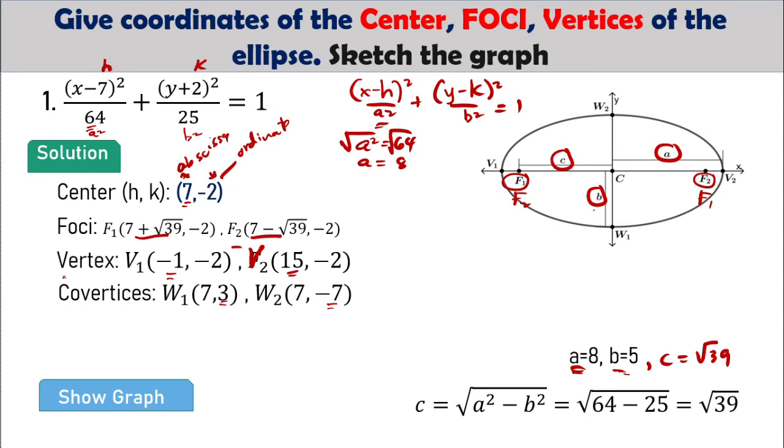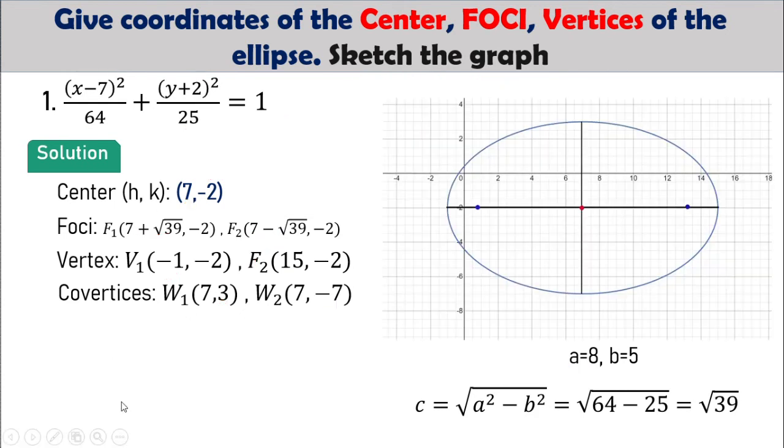Now, we're going to show the graph. This is the graph of the quantity x minus 7 squared over 64 plus the quantity y plus 2 squared over 25 equals 1. The center is here, 7 and negative 2.